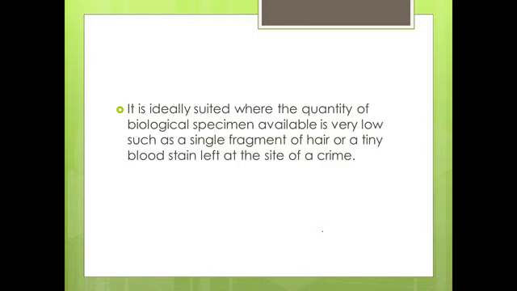Say, for example, if we obtain a DNA sample in the form of a single fragment of hair, or a tiny blood stain at the crime scene, even with this small amount of DNA, we are able to make several billion copies out of a single copy of DNA by making use of this technique, that is polymerase chain reaction.